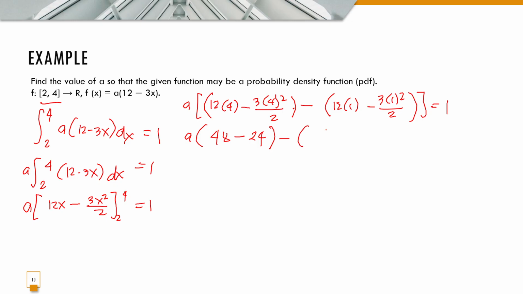Then minus 12 times 2, that is 24, minus 2 squared times 3 divided by 2, that is equal to 6.